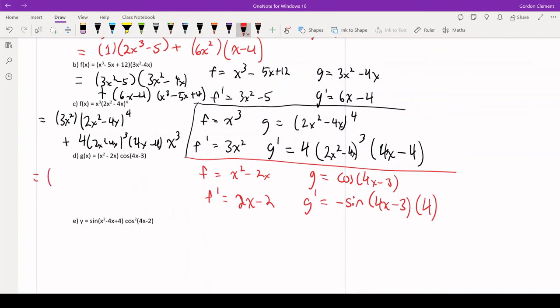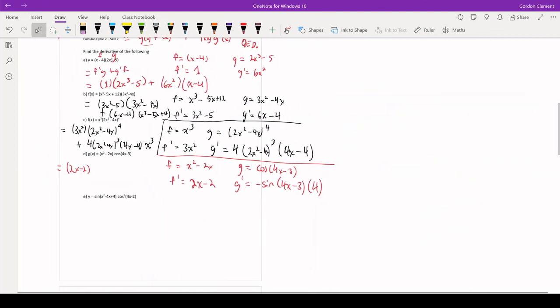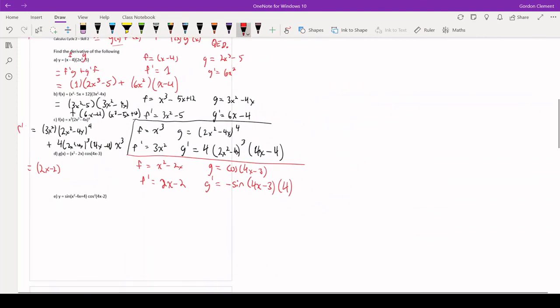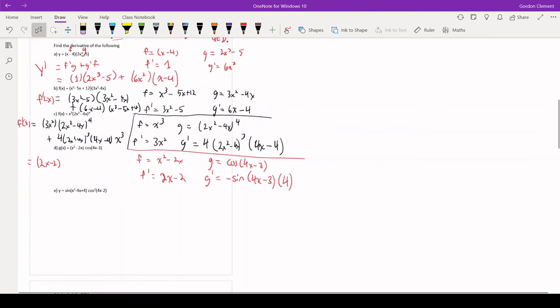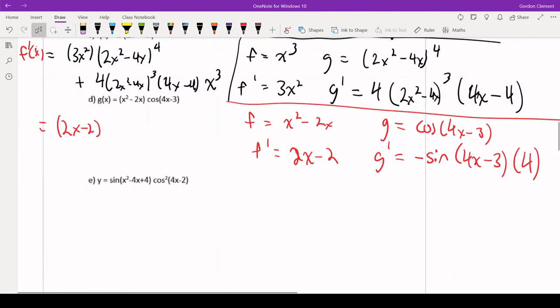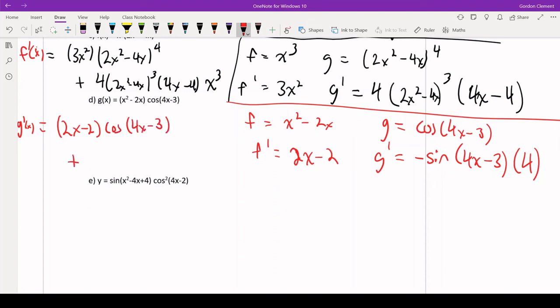F prime g, so 2x minus 2. I guess I'm writing equals every time. Terrible communication. So this is the derivative of the function above every single time. So the derivative of this function, f primed times g plus g primed.